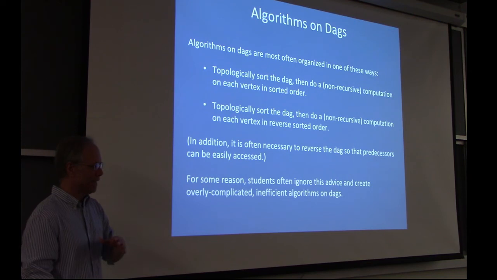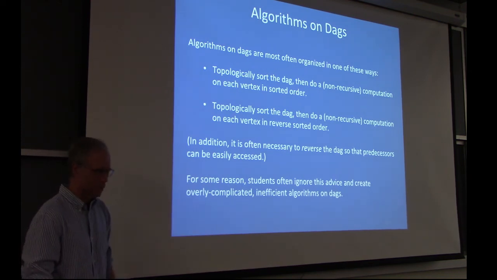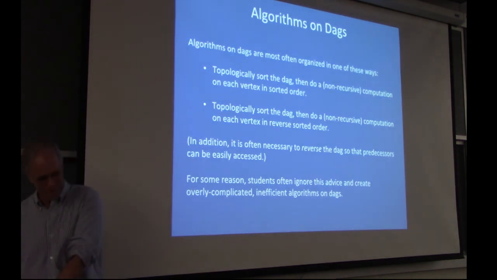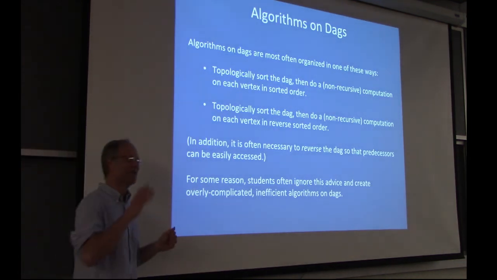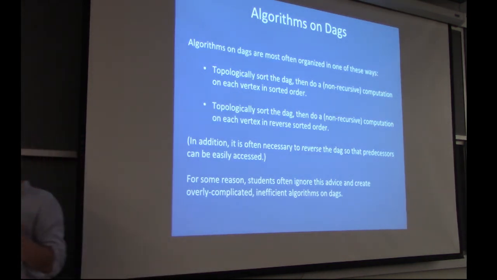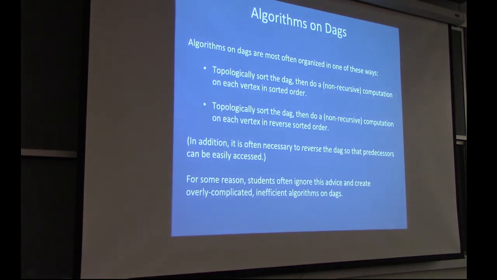And I often find it's the same students who won't use recursion or are uncomfortable using recursion when we're talking about divide and conquer, who all of a sudden want to use recursion on DAGs. And yes, you use recursion, but that's in the depth first search. So this week's caddis problem, or next week's caddis problem, is a DAG algorithm. So just remember, the first step is going to be a topological sort.